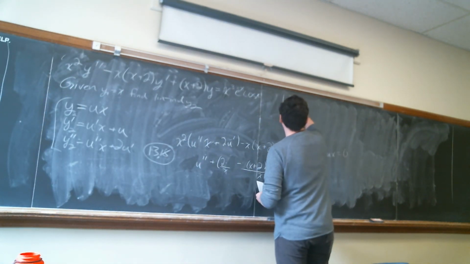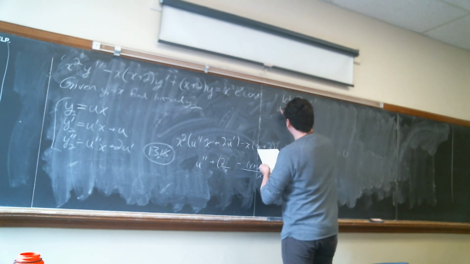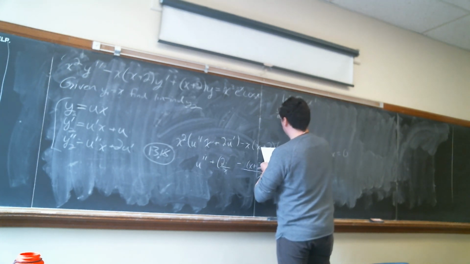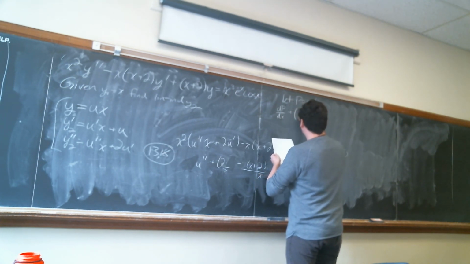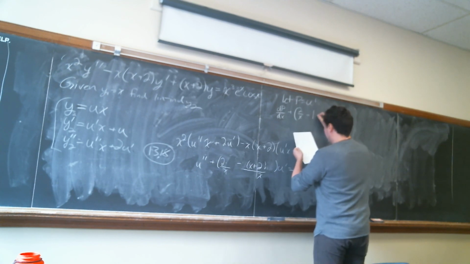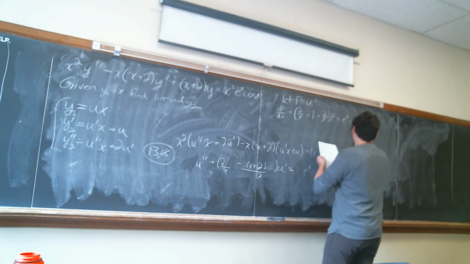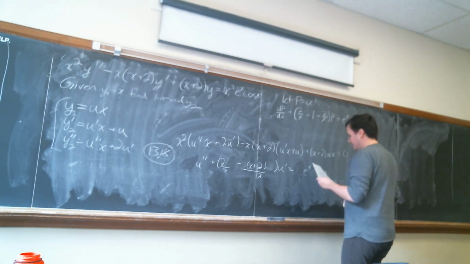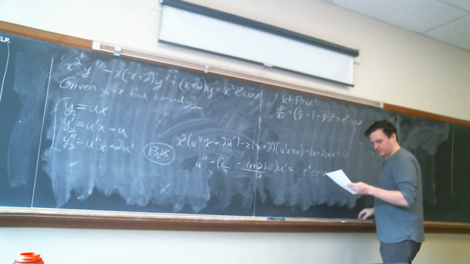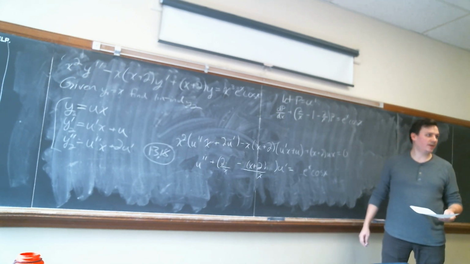So let p equal u prime, and then we get what? p prime plus 2 over x minus 1 minus 2 over x, p equals e to the x cosine x. So that's relatively clean, right?